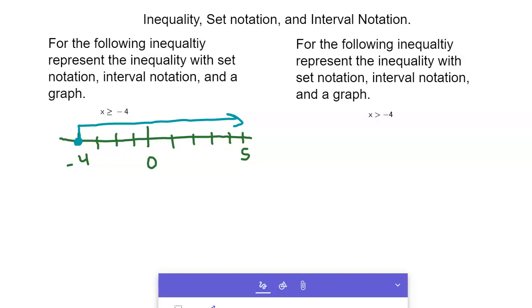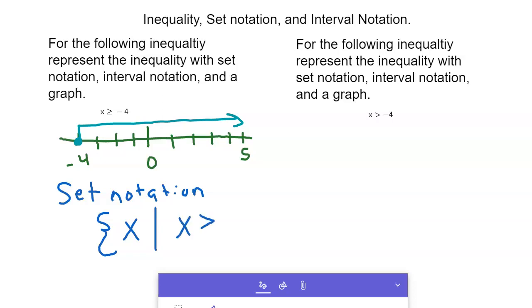Now set notation is really kind of nice. For set notation, you just bring it down. So if you can read my chicken scratchings there. For set notation, we usually use a little bracket like that, and then we use the variable x, and then this line just separates the inequality.